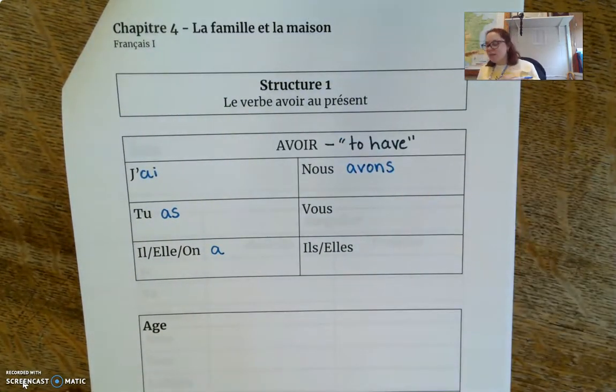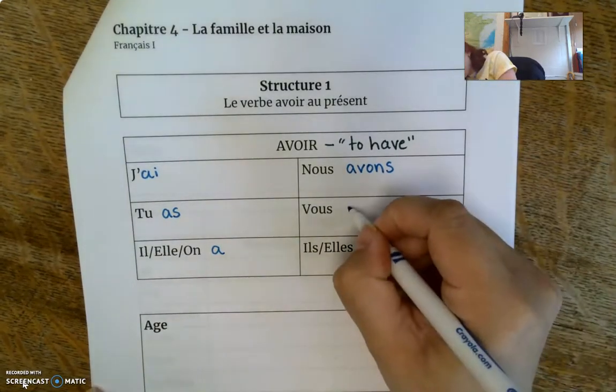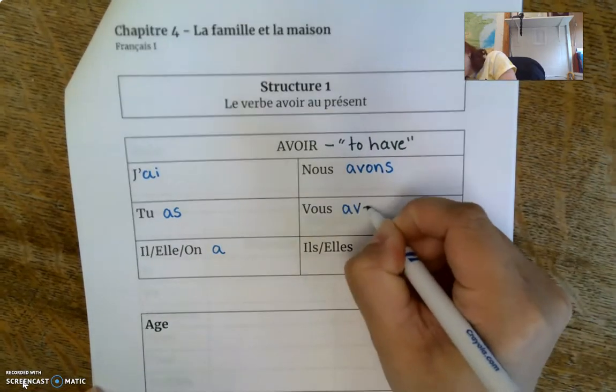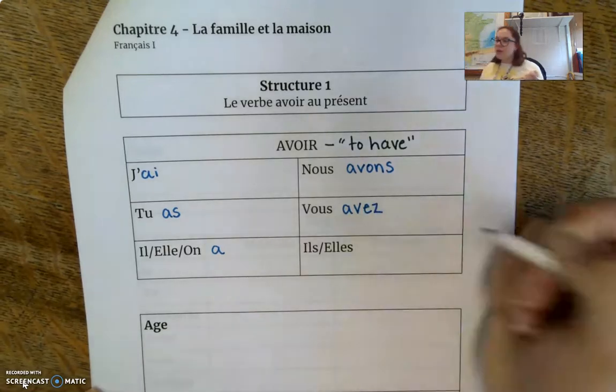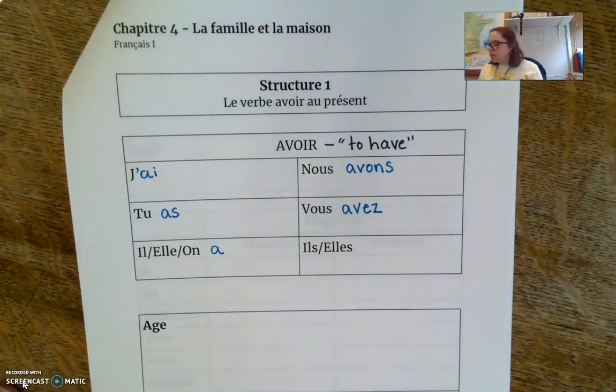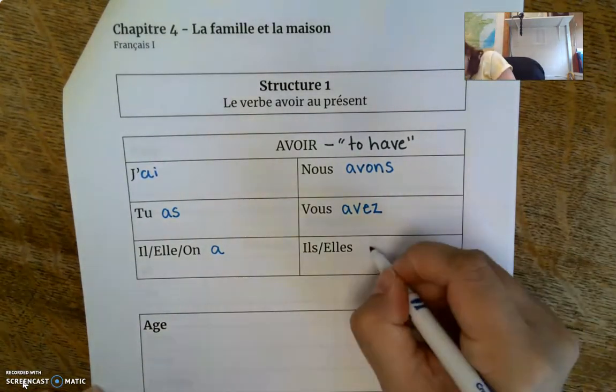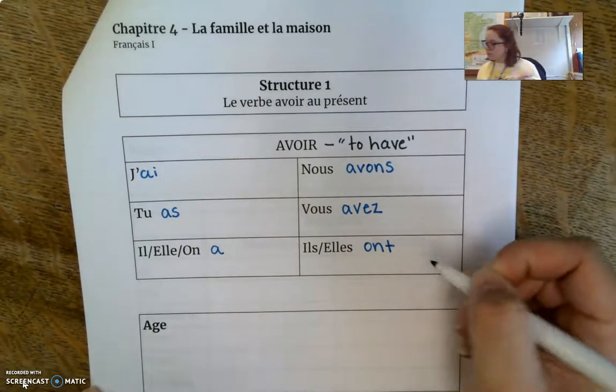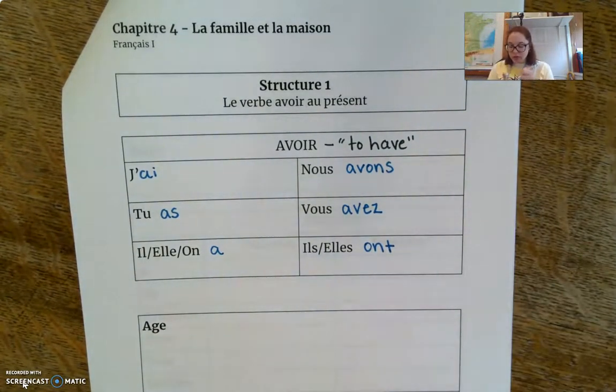For vous, it's avez, A-V-E-Z. And for ils and elles plural, it's ont, O-N-T.